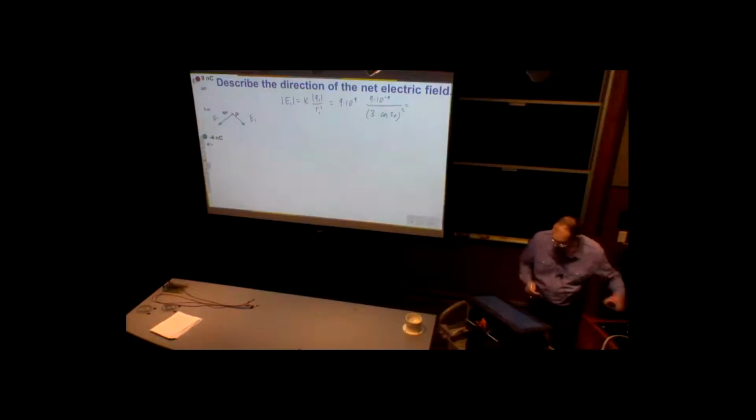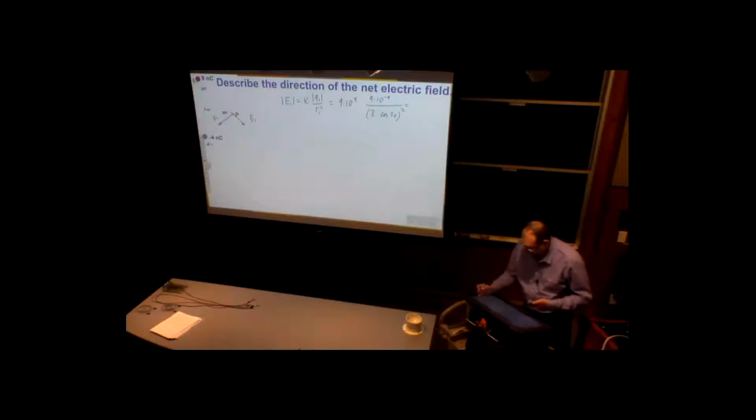You know what? The whole thing? Well, why would you tell me just the cosine? If you want to tell me, tell the whole thing. The whole thing is 12.07. That's a field, a Newton over a Coulomb.